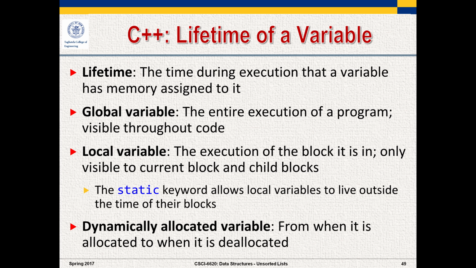However, if you instead are dynamically allocating memory using the C++ new syntax, then it's your responsibility to deallocate them. Okay, so that's very important because that's another cause for memory leaks in C++.